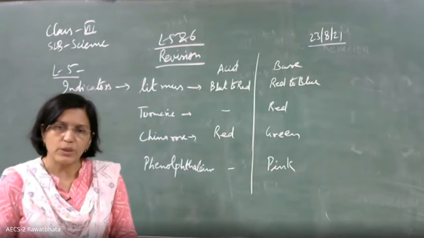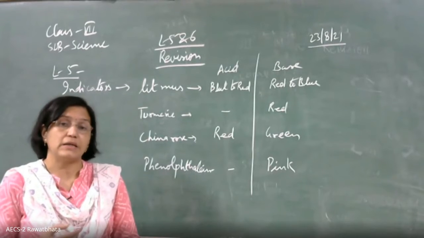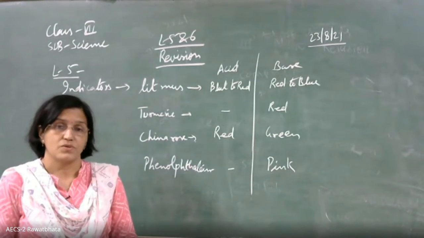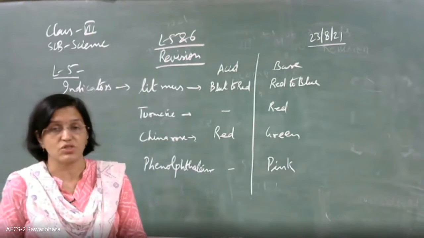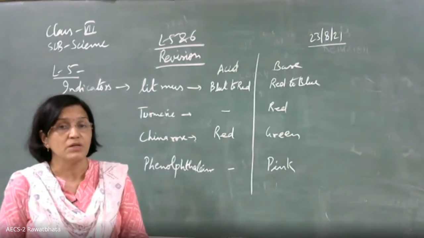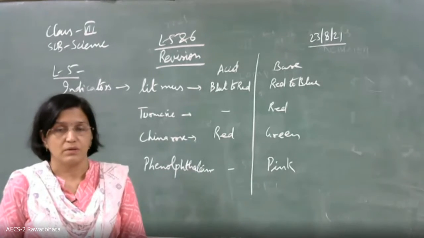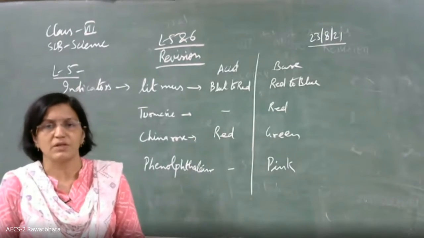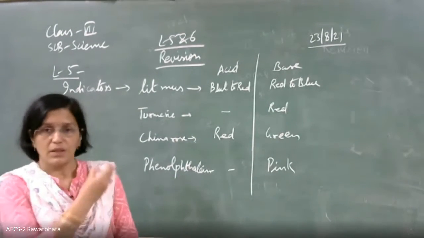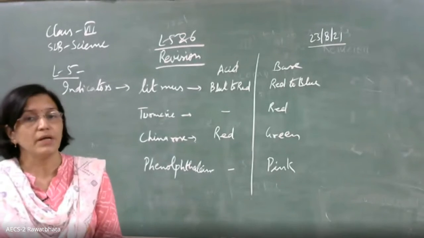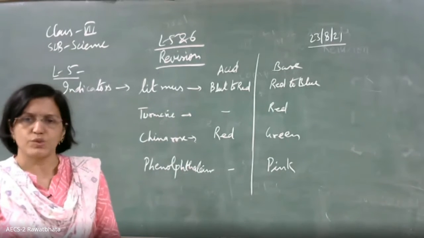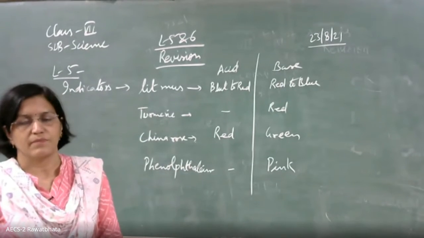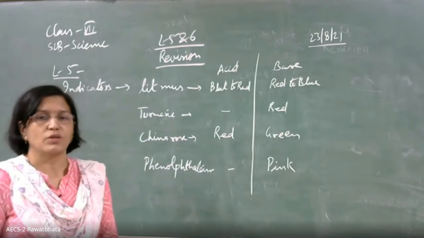We can taste sour and bitter, but that should not be the criterion of distinguishing, because some acids may be very strong and may burn. So how to identify whether it is an acid or a base? We may use indicators. The most commonly used indicator is litmus, available in the form of solution or paper.